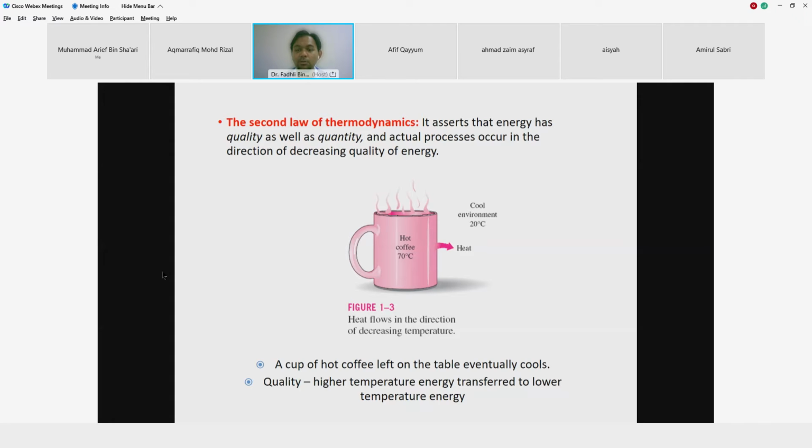So this is what we call quality, the direction of decreasing quality of energy. Later, if I say quality of energy, you know that high quality means the region has high temperature, and low quality means the region has low temperature. So the process occurs from high temperature to low temperature.